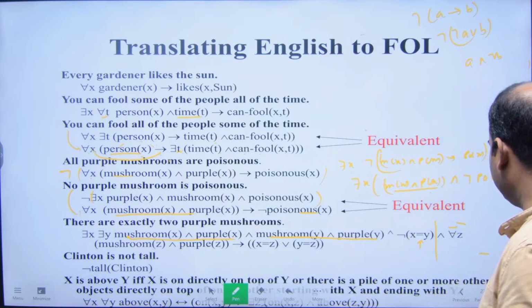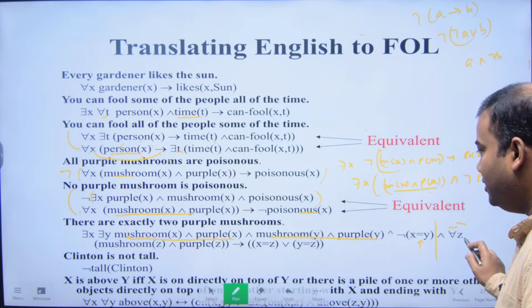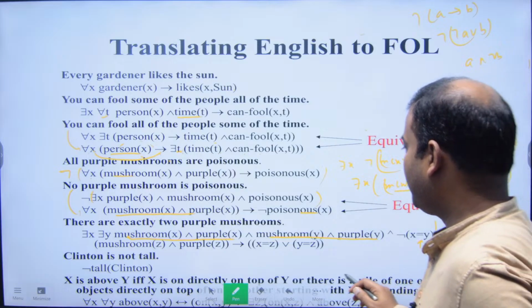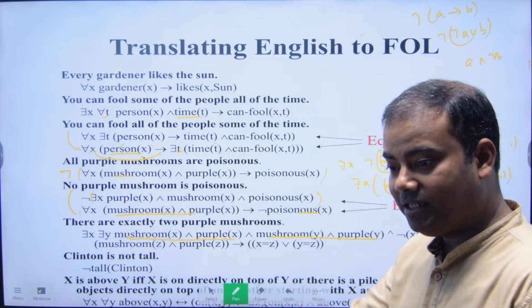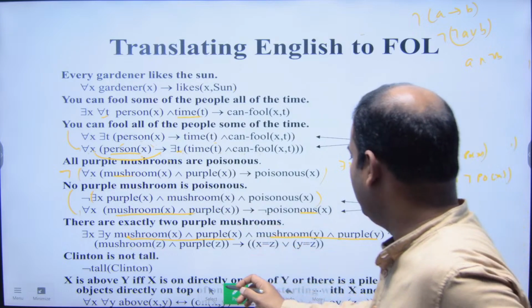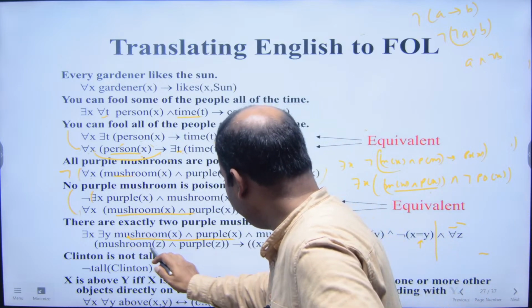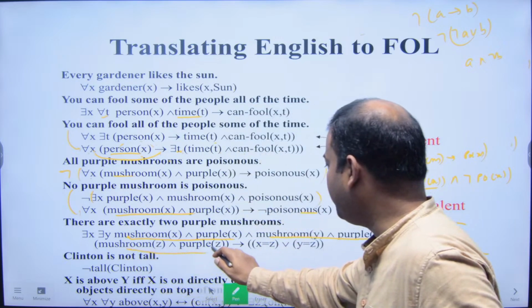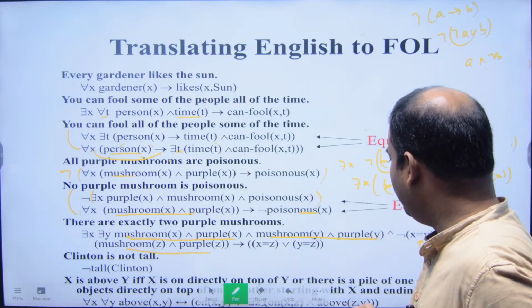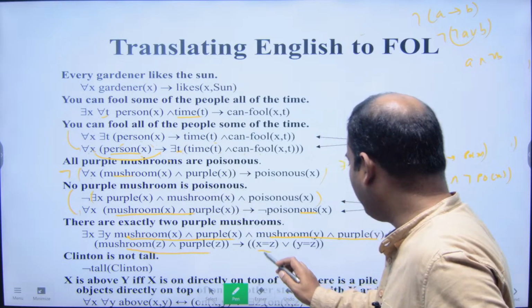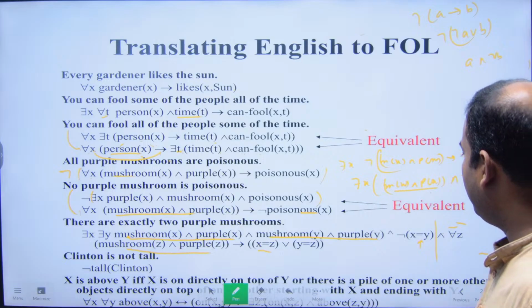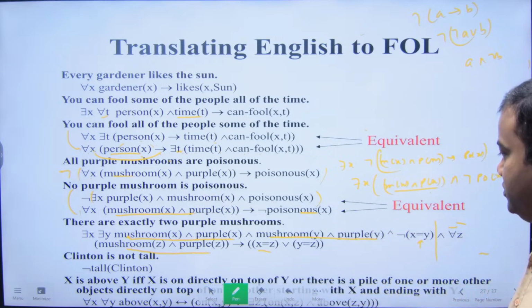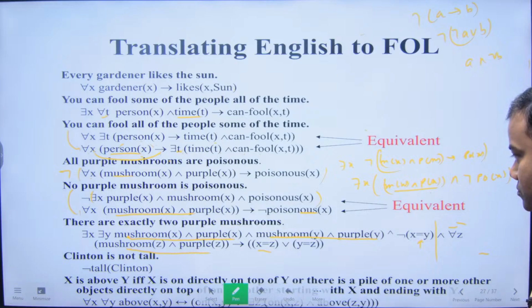Now what we are doing, for all z, if it is mushroom and purple, z means some third variable. It means if it is purple mushroom, then x is equal to z or y is equal to z.